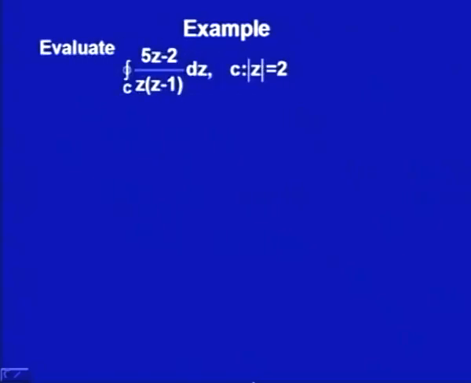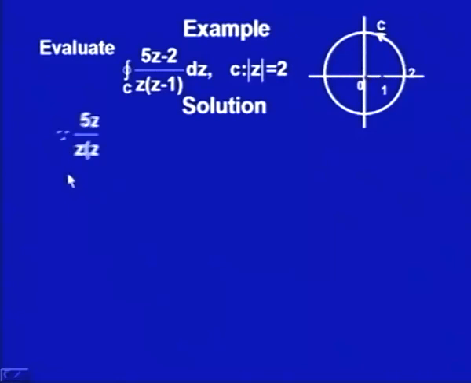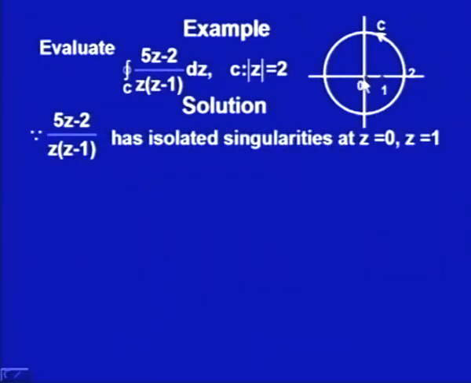So, we have the same example, that is, evaluate this integral along the circle of radius 2 centered at 0. We know that the function is the same, it has isolated singularities at 0 and 1. So, using the residue theorem I have to find the residue of the function (5z minus 2) upon z into (z minus 1) at z equal to 0 and z equal to 1.